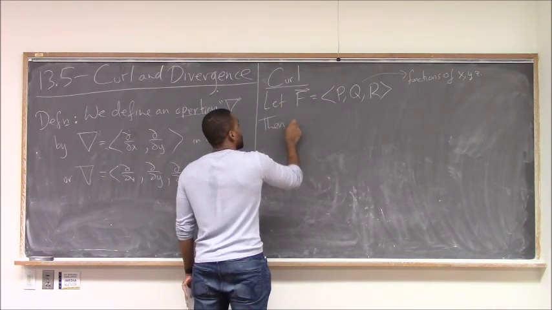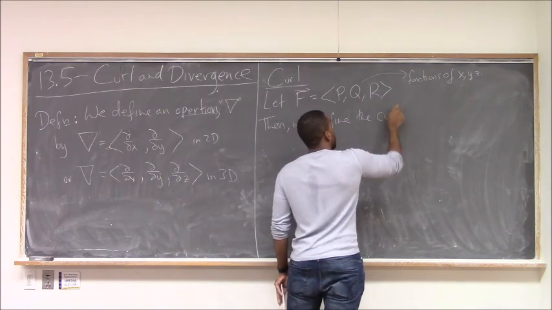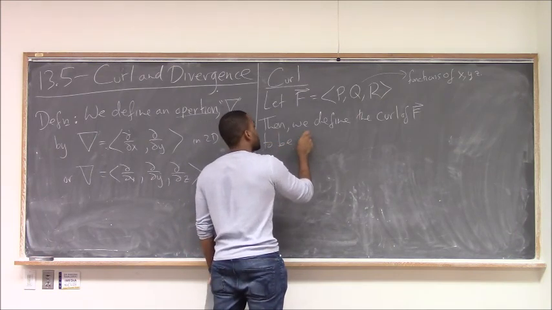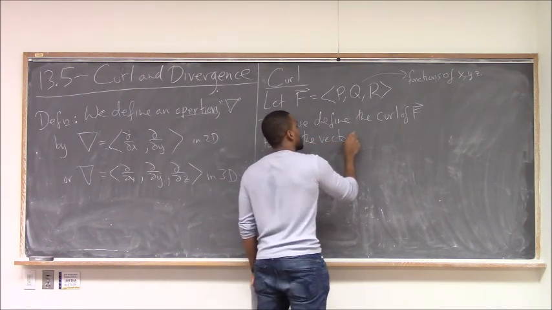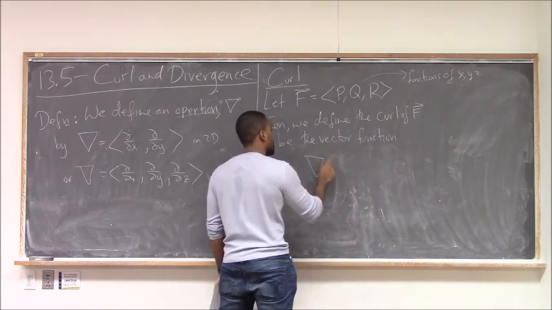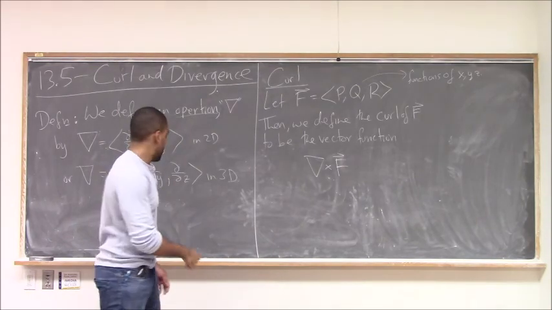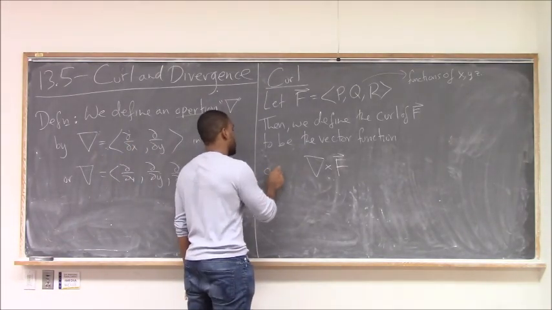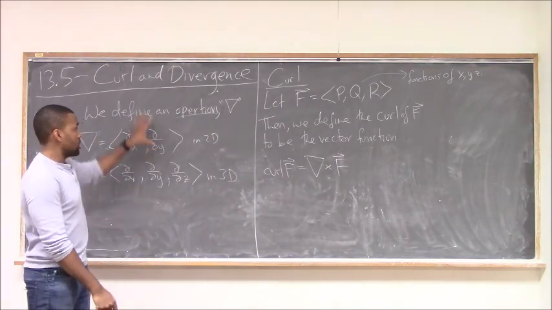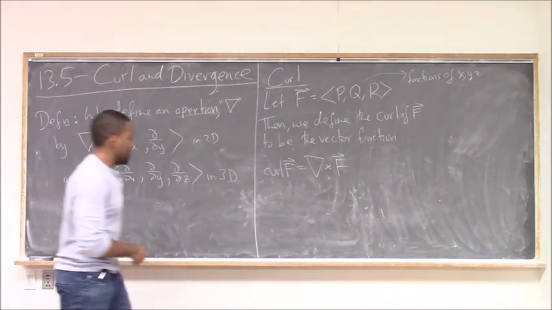Then we define the curl of F to be a vector function, del cross product with F. So that's the notation, that's how I can write it down. Curl of F equals this operation, and I plug in F with a cross product. Okay. So let's see what this means.